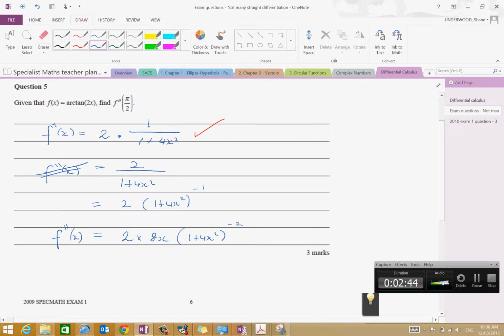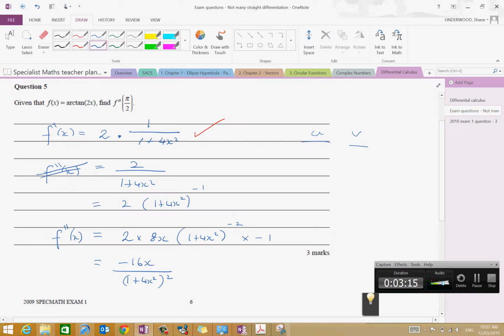And you've got to bring the power out the front, times negative 1. Can you see there that it can be really tricky? That's why sometimes it's better to set it out with your u's and your v's. But I'm just showing you eventually what you can do as a minimum for the exam to please them. Minus 16x over 1 plus 4x squared. That's f double dash of x.